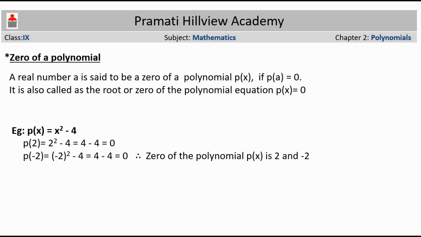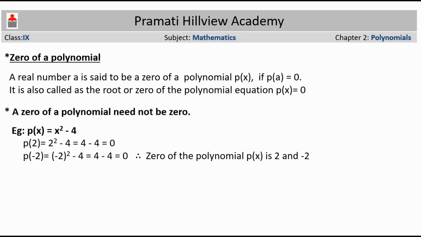Also, when x = minus 2, p(minus 2) = (minus 2) whole square minus 4, which is 4 minus 4, which is equal to 0. Therefore, the zero of the polynomial p(x) is 2 or minus 2.